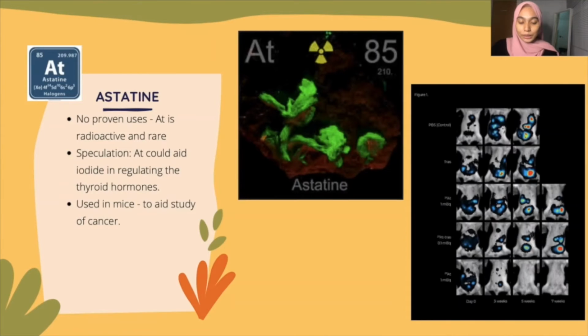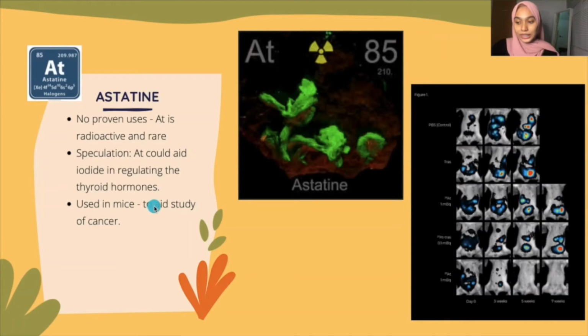The last element of halogen is astatine. The application of astatine actually has no proven uses because we know that astatine is a radioactive and rare halogen element. However, there is speculation that this element could aid iodine in regulating the thyroid hormone.